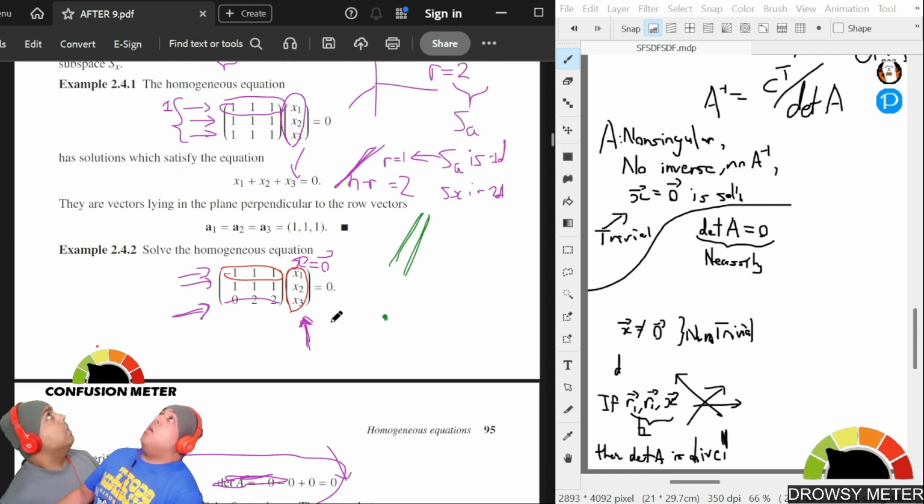Let me just draw them, I guess. So minus 1, 1, 1. 1, 1, 1, 0, 2, 2.